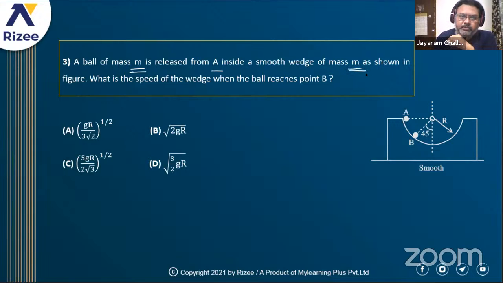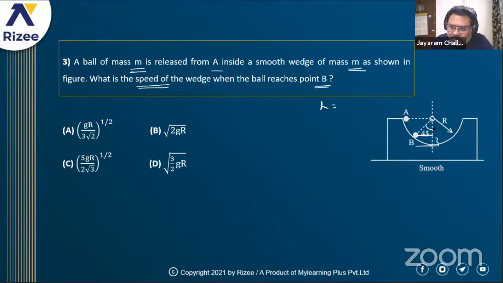This mass is also small m. What is the speed of the wedge, he is asking, when the ball reaches the point B, at this particular instant. So if the ball is reaching this particular point, what will be this height? h can be written as, from the base, r minus r sin theta.